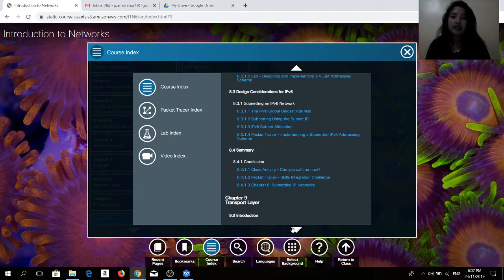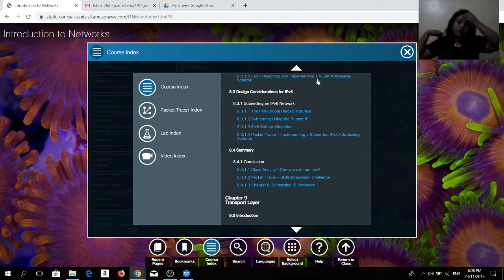Then next is design considerations for IPv6. Under it, we have subnetting an IPv6 network. Under subnetting an IPv6 network, we have the IPv6 global unicast address, subnetting using the subnet ID, IPv6 subnet allocation.